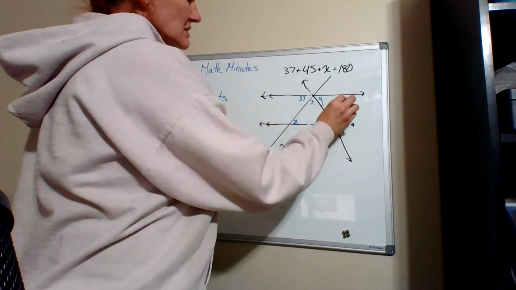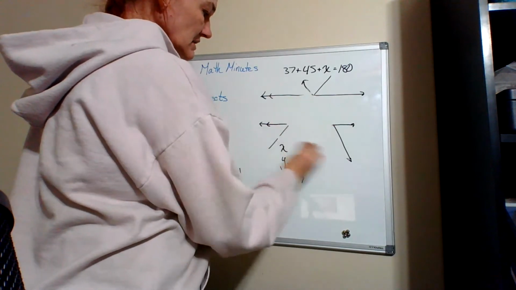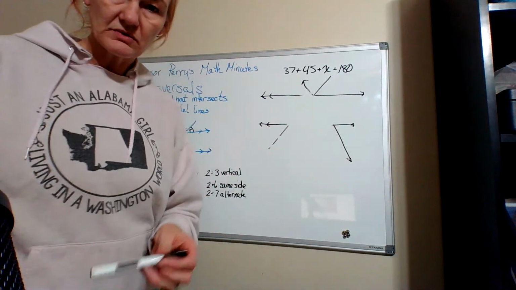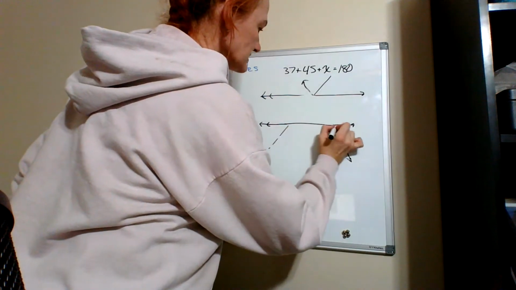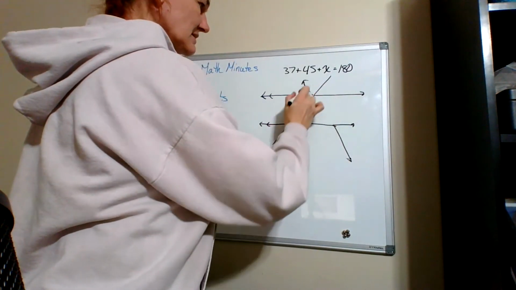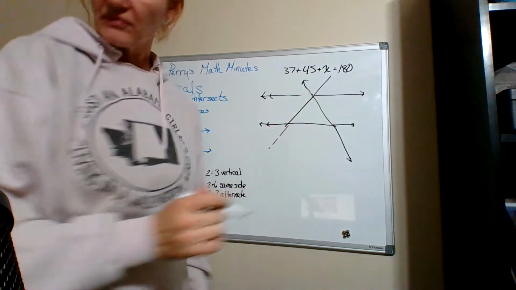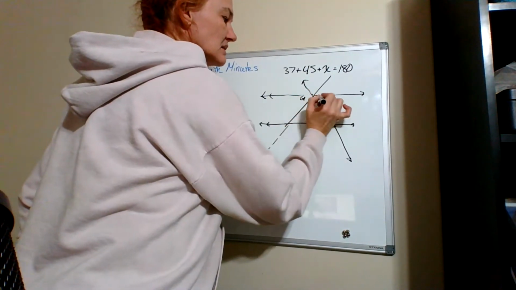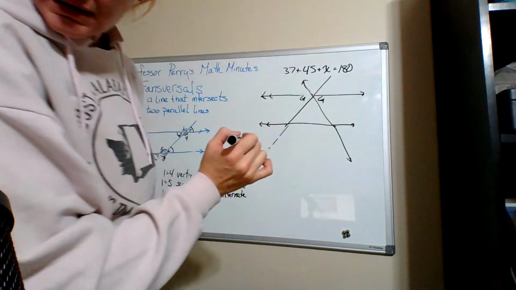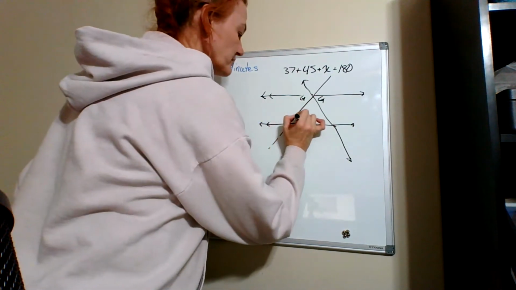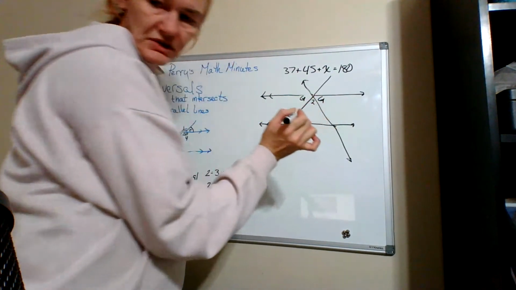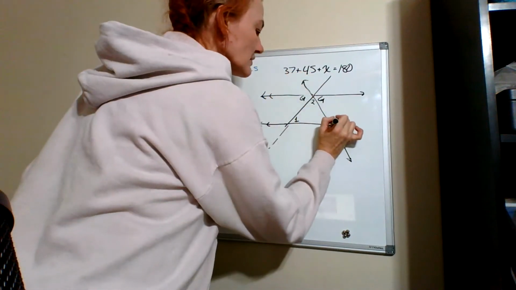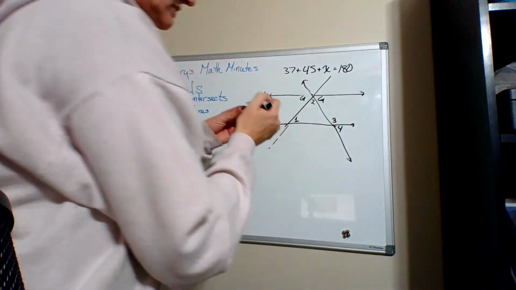Okay. So, the other kind of problem, you will see, this is the last kind, and we're done with this section. You'll see something that looks like this. You'll have a given angle here, and one here, and then it has 1, 2, 3, and 4.